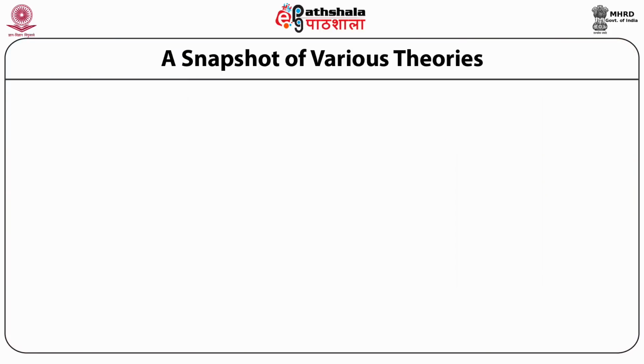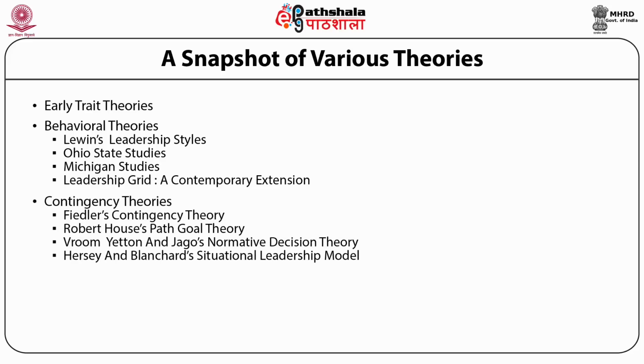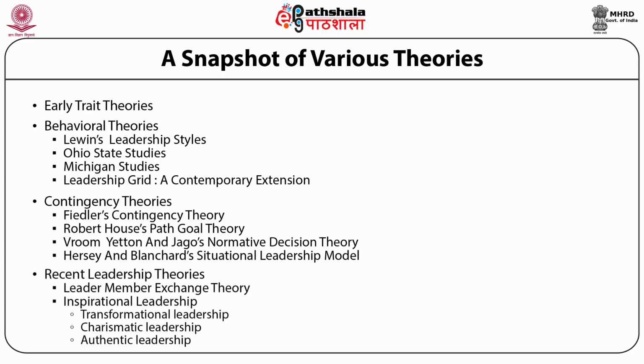My dear students, let me give you a snapshot of the various theories which we are going to discuss in this module. The theories can be divided into early trait theories, behavioral theories, contingency theories, and some of the very recent leadership theories. In behavioral theories, we will discuss Kurt Lewin's leadership styles, the Ohio State studies, the Michigan studies, and the leadership grid.